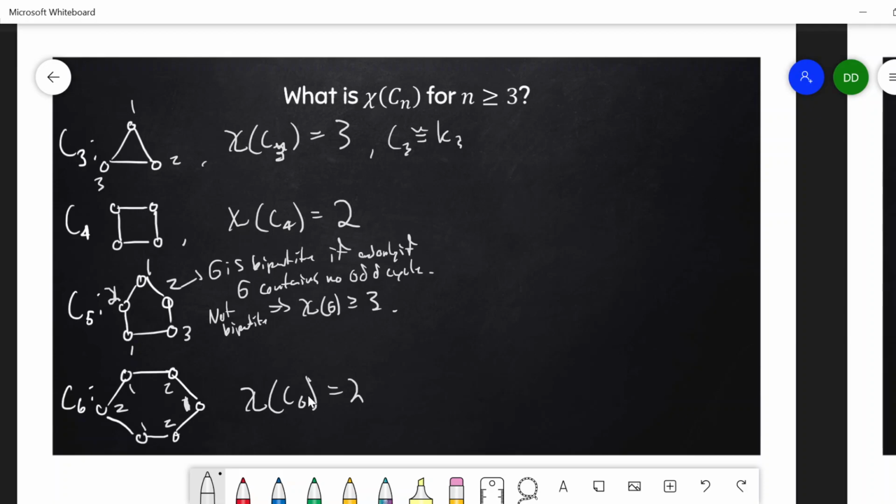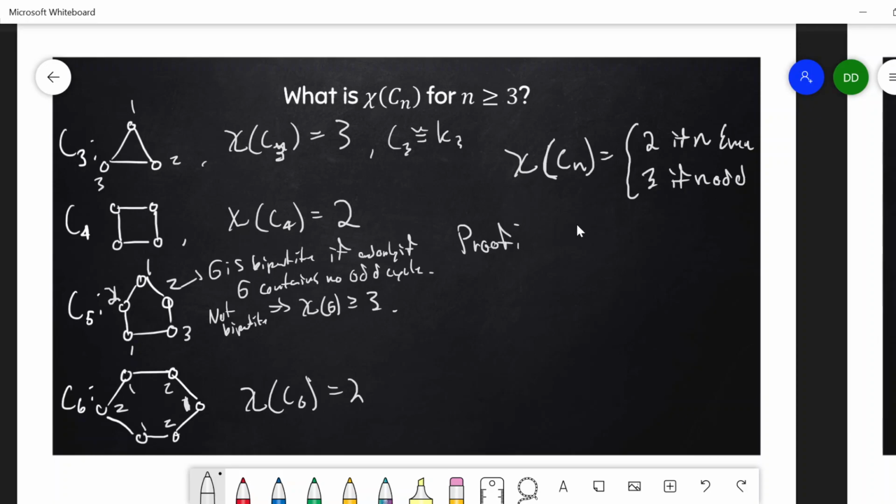So what we're seeing here, and I think we have a pretty good argument for this, is that the chromatic number of Cn is 2 if n is even, and 3 if n is odd. As a little short proof, let's say Cn is bipartite and non-empty.